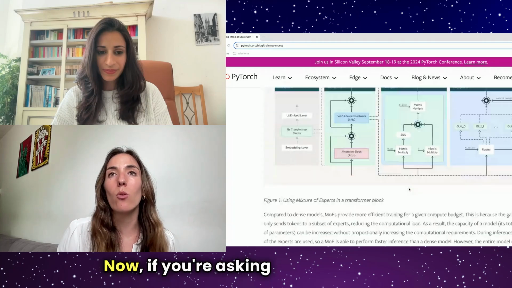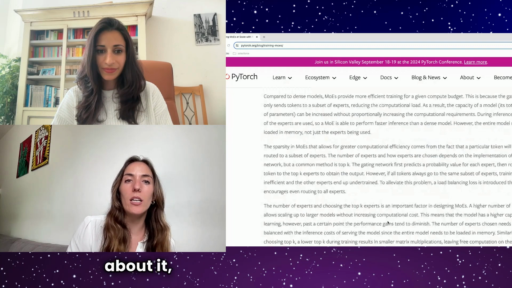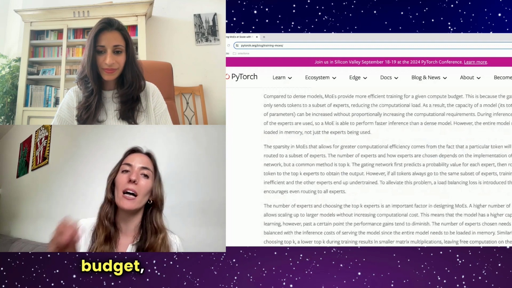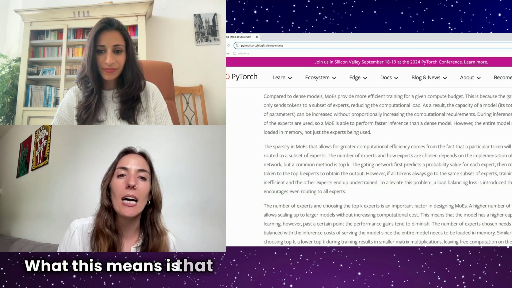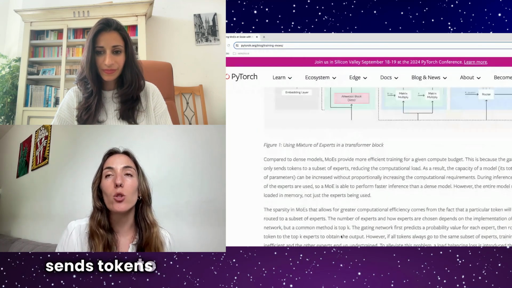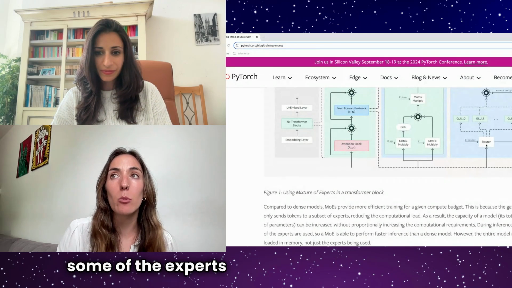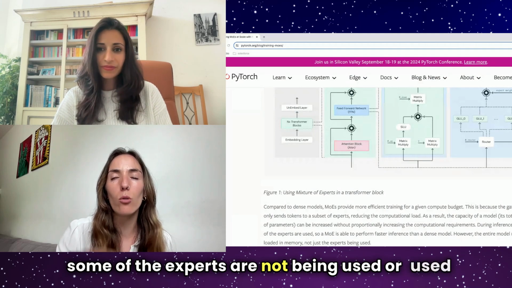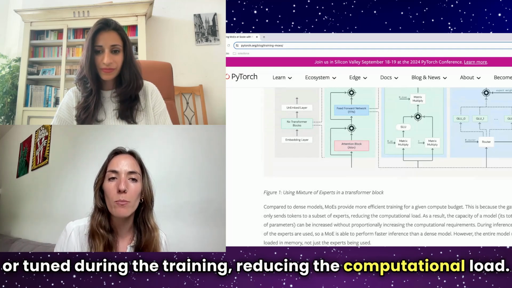Now, if you're asking why we created this architecture and why you should care about it, in general, given your budget, it creates a more efficient training. Because the gating network only sends tokens to a subset of experts, some of the experts are not being used or tuned during the training, reducing the computational load.